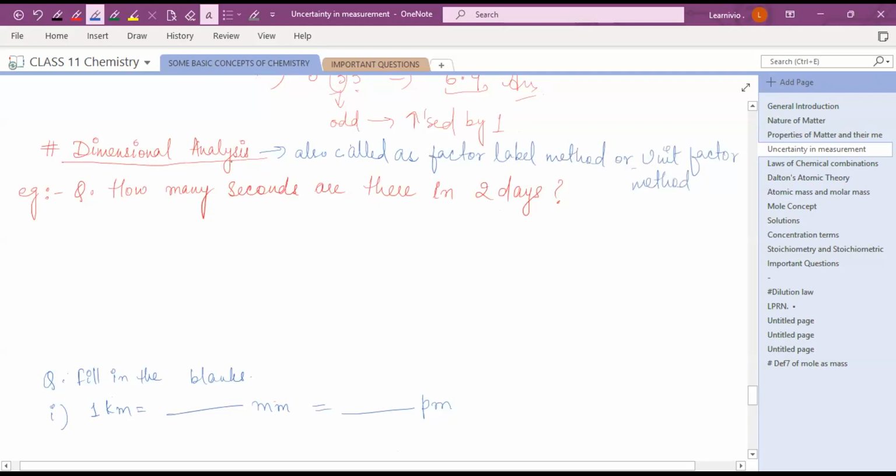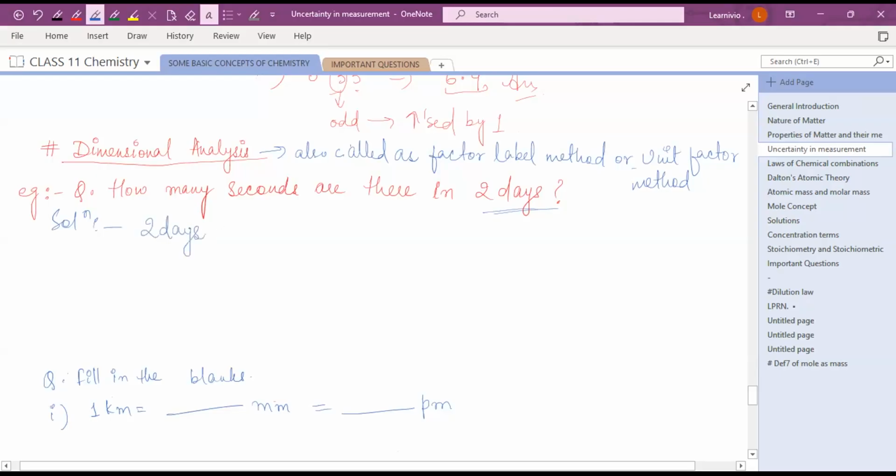For example, we will discuss it by examples. First question: how many seconds are there in 2 days? How can you do this question in one series? By the unit factor method, in which we multiply in series in one step. So this is 2 days.